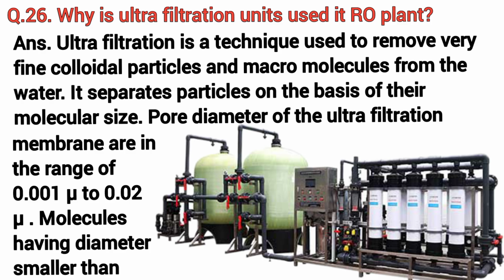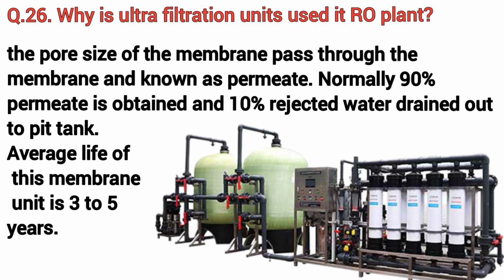Molecules having diameter smaller than the pore size of the membrane pass through the membrane and are known as permeate. Normally 90% permeate is obtained and 10% rejected water is drained out to the pit tank. Average life of this membrane unit is 3 to 5 years.